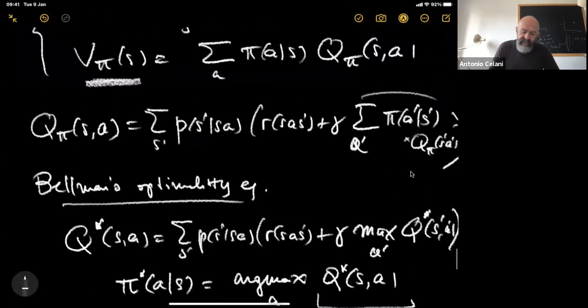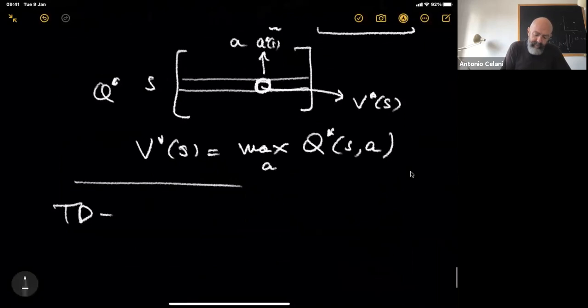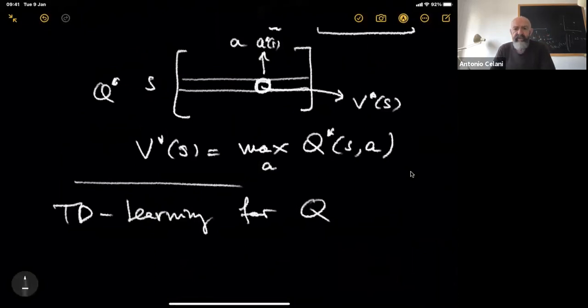For the moment, I just want to stress that given this recursion relationship here, you can derive a temporal difference learning for state action values. So given a policy, how do I learn what is the Q matrix for that policy?